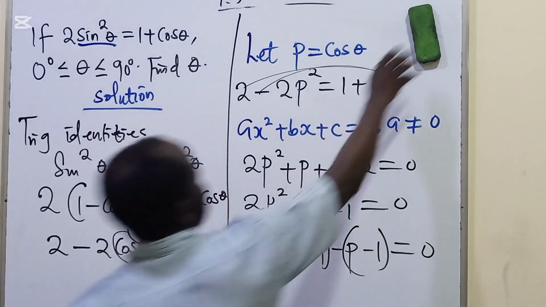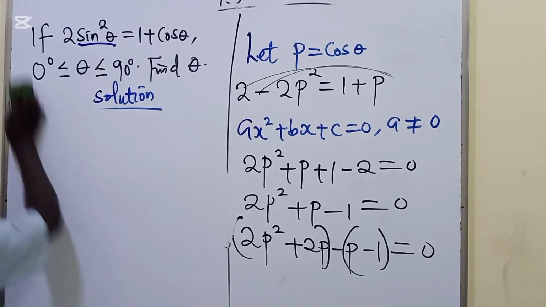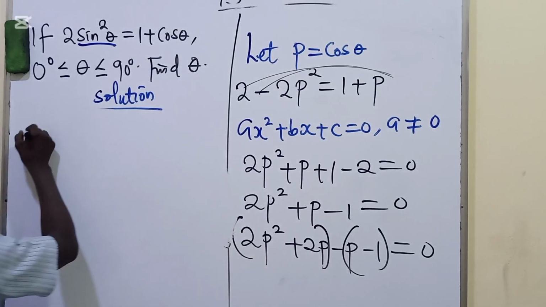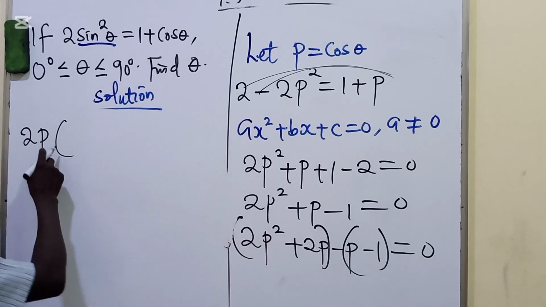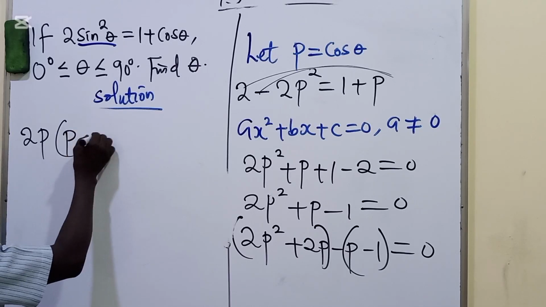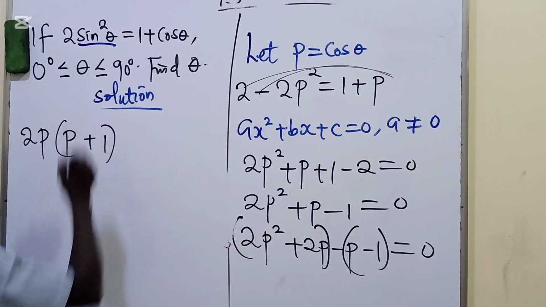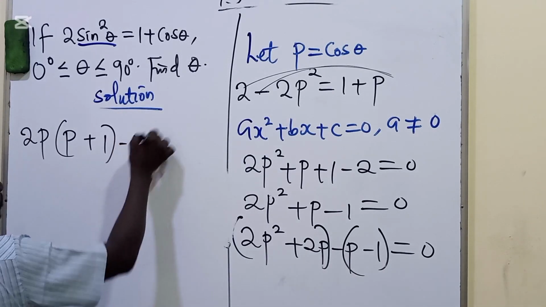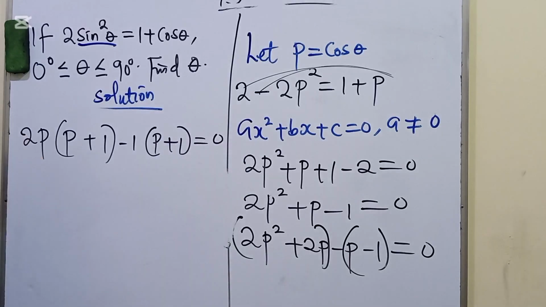What is common here is 2P. So we factor out 2P; 2P squared divided by 2P leaves P, plus 2P divided by 2P is 1. Then what is common here is minus 1. It will be minus 1 out into P plus 1. This must be equal to 0.